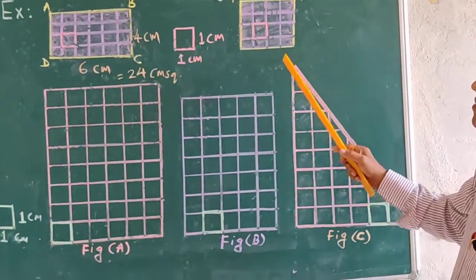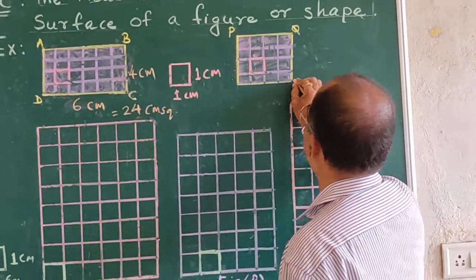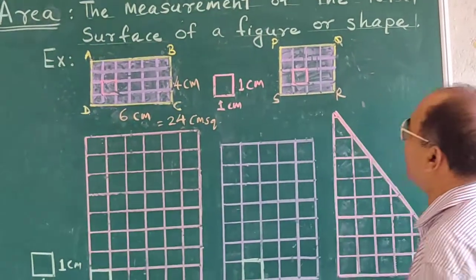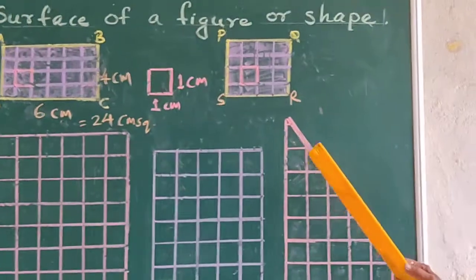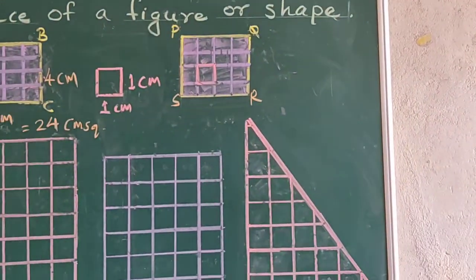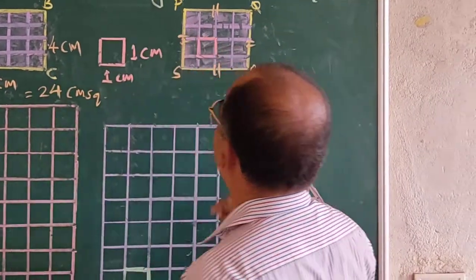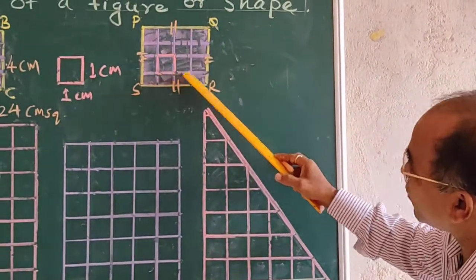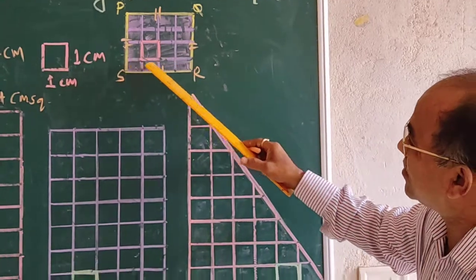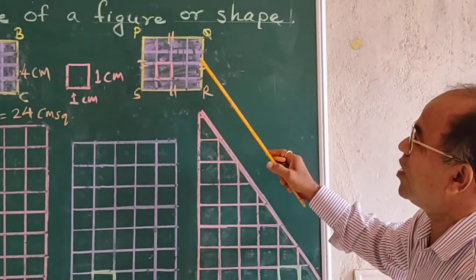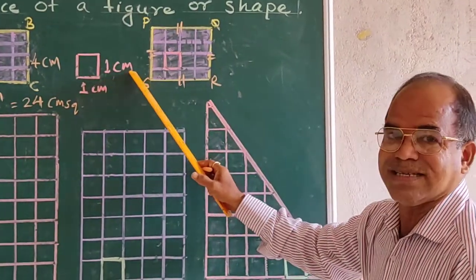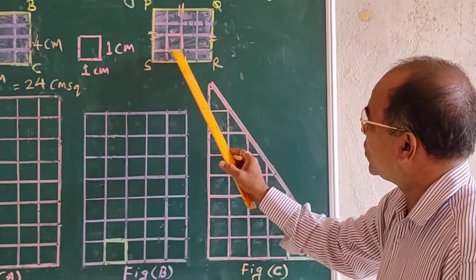Let's discuss one more figure. PQRS is one more shape and it is a square. Why is it a square? Because all sides are equal. And the inner surface, again I have divided into different small squares, where one square is of 1 centimeter. So let's count 1, 2, 3, 4.